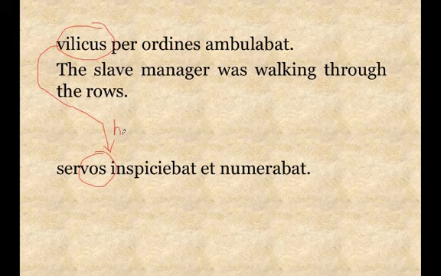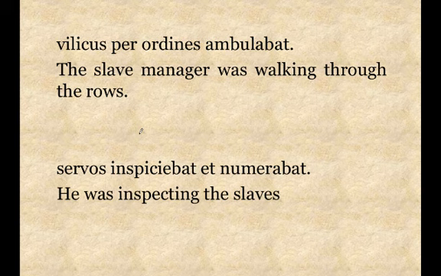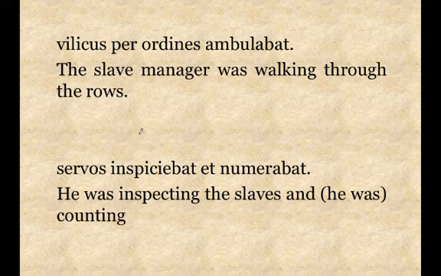So he was inspecting the slaves, and he was counting. Now, you probably want to add something like them. Now, you know what the Latin word for them would have been. He could have said, servos inspiciebat et eos numerabat. He could have said that, but Latin tends to not add an object when the context makes it clear.